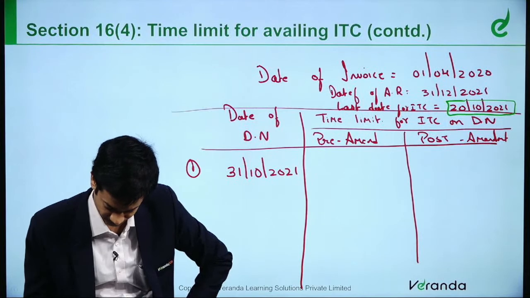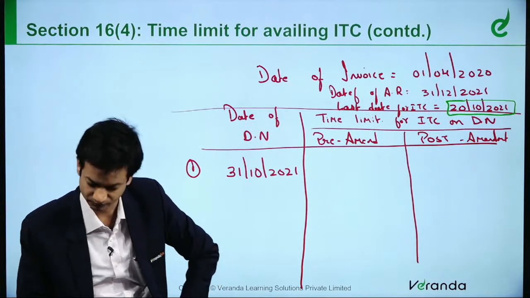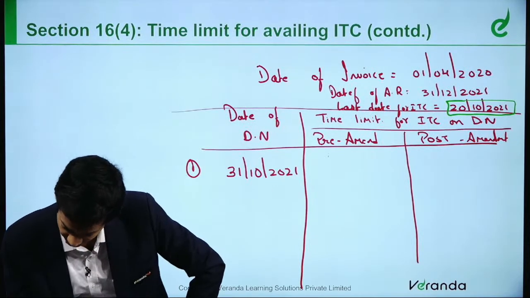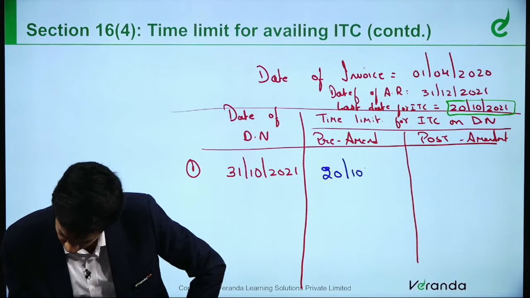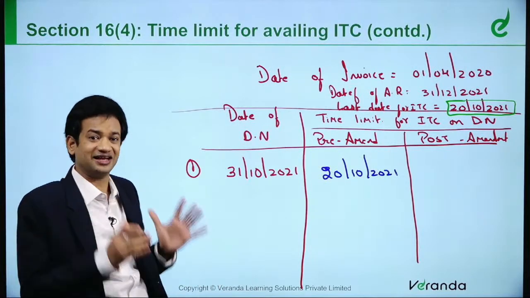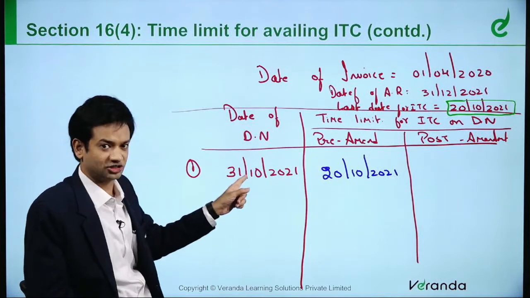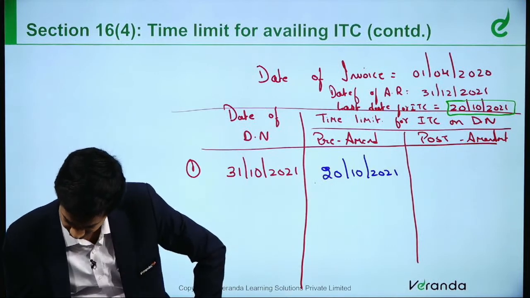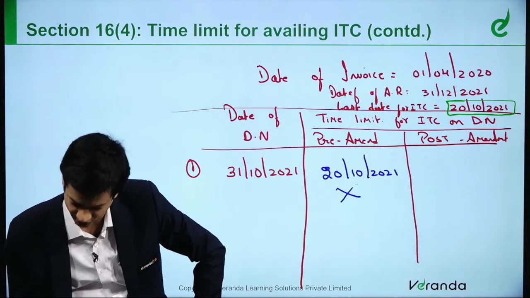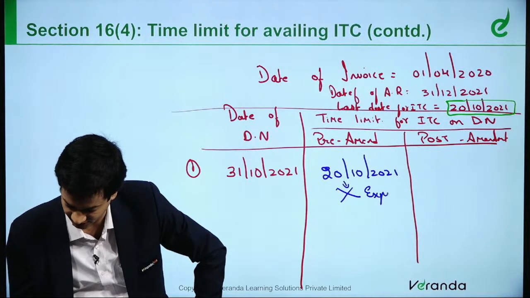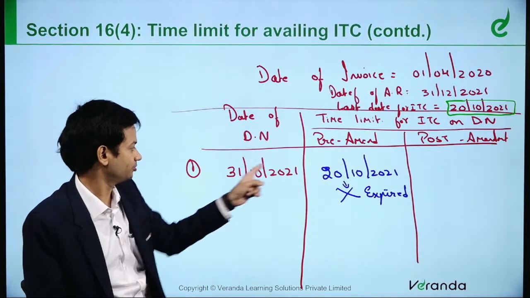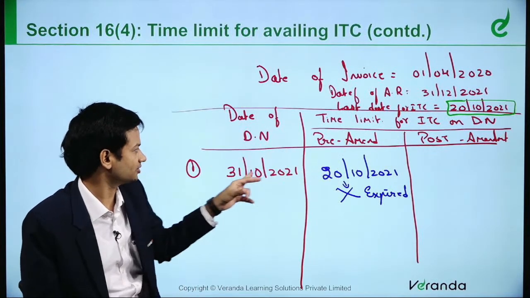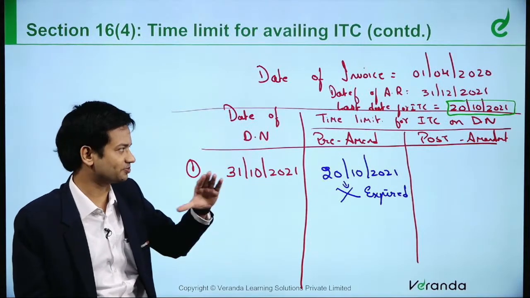Now, pre-amendment, what was the last date to take ITC here? Pre-amendment, it would have been 20th October 2021. So my last date to claim ITC has expired, because I should not see the date of debit note, I will see the date of invoice. So here, expired. I cannot take ITC here. The time limit is expired because the last date to avail ITC was 20th October.